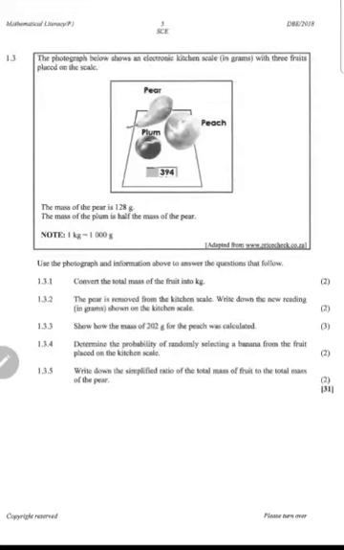Moving to question 1.3, they ask us to convert the total mass of the fruit into kilograms. So basically, we should know how to do our conversions from gram to kg.